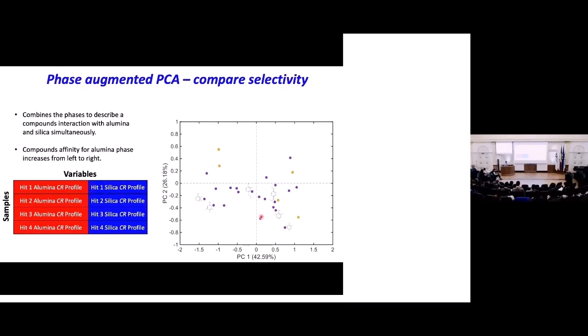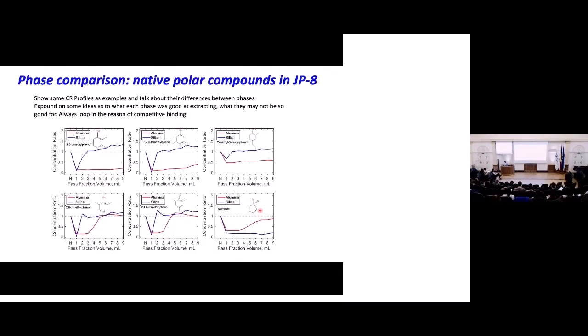Now that we have this idea, I can see that alumina and silica have a breakthrough of our phenolic compounds for high load volumes, and it seems to favor the compounds that have unhindered phenolic moieties. Just taking a look at that at the end, we can compare their concentration ratio profiles so we can convince ourselves of that.